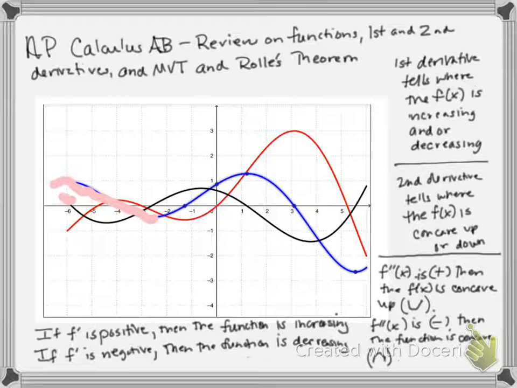Then we're supposed to be decreasing, so I'm supposed to be below all the way down till we get to about right here. And then my blue graph starts to increase all the way to here, so that means the black graph should be above the x-axis until I get to about here.